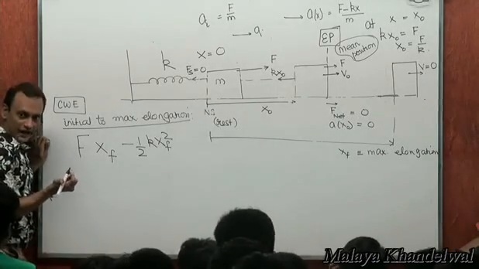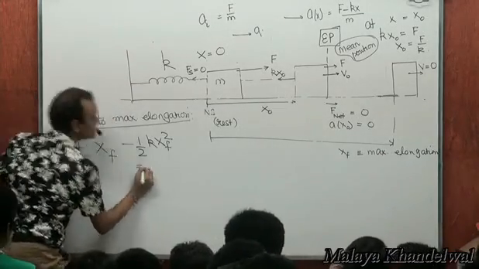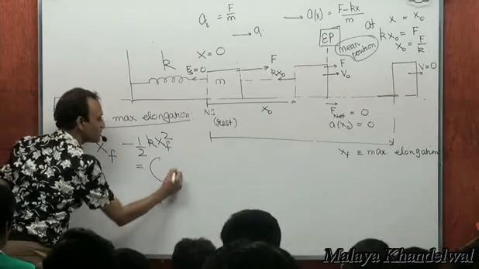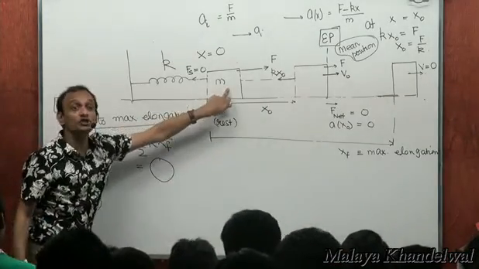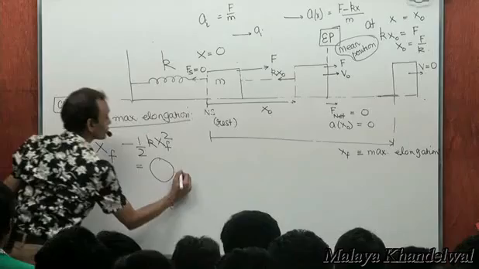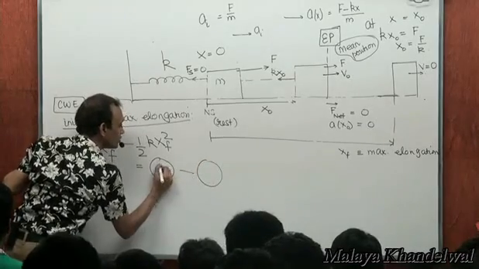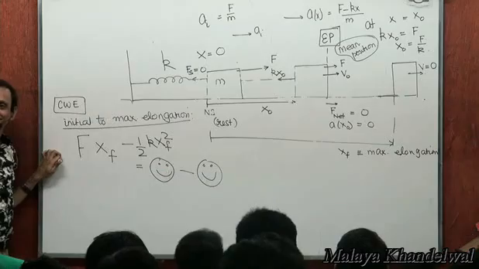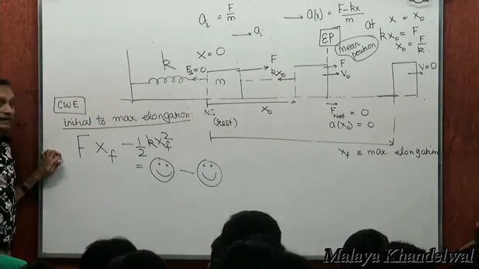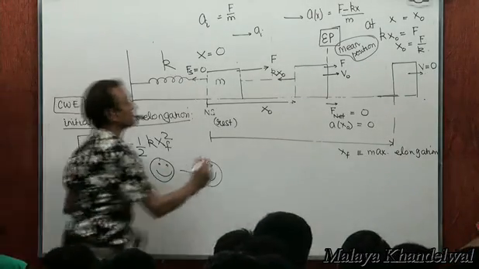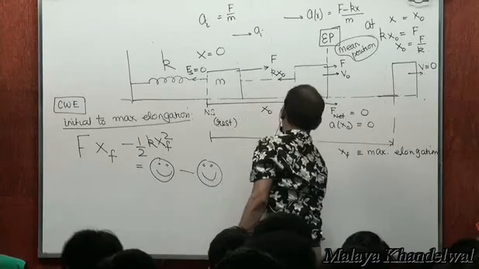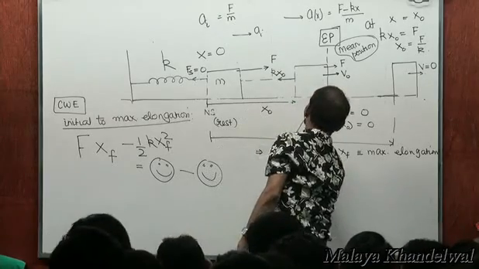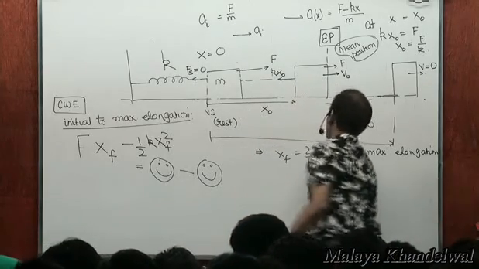Change of kinetic energy means final kinetic energy is 0, initial kinetic energy is also 0, so 0 minus 0 is 0, right? Yes or no? So this gives me xf equal to 2F by k.